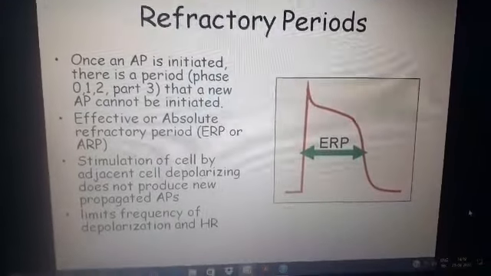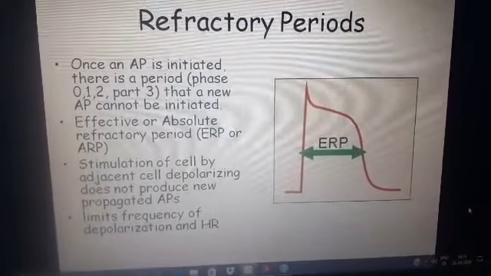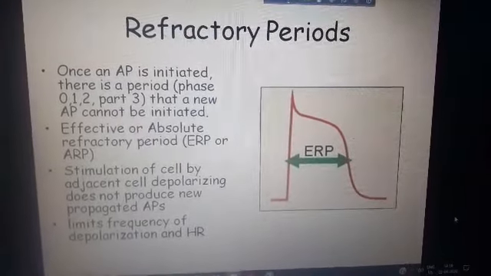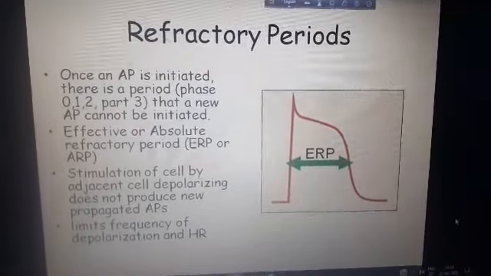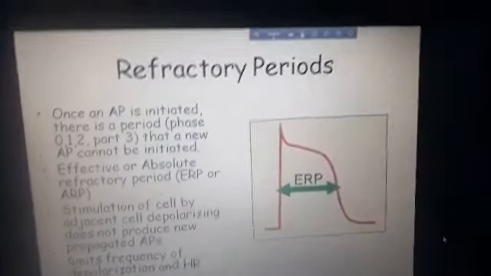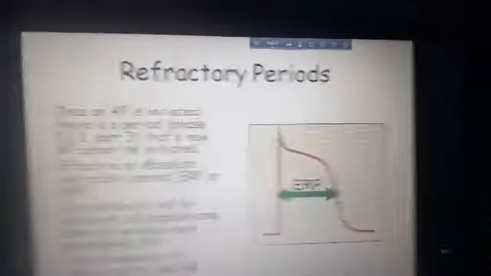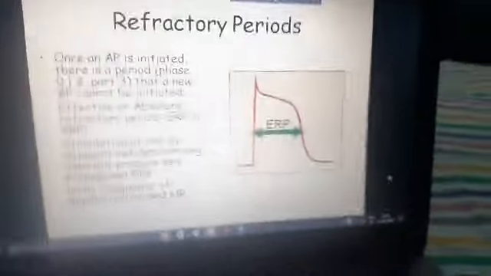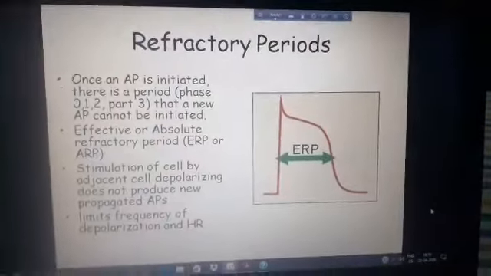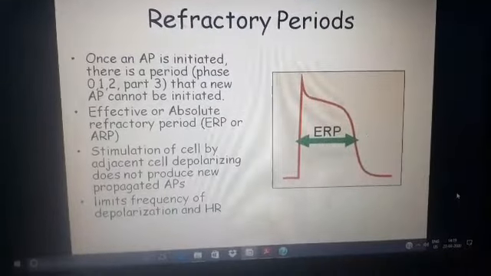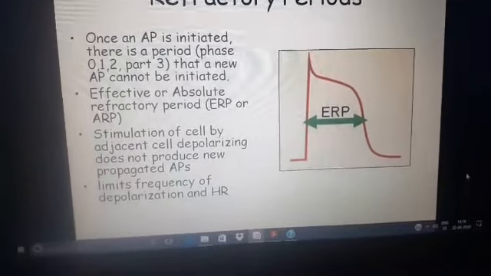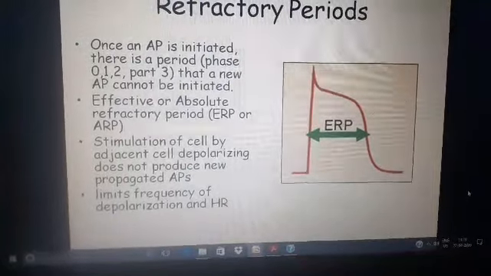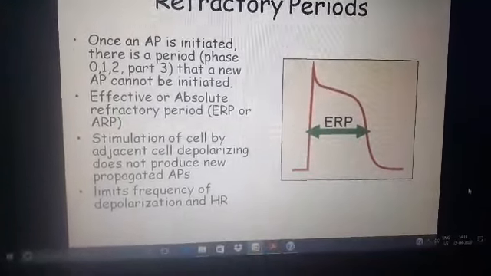And remember the refractory periods. Once an action potential is initiated, there is a period in which a new action potential cannot be initiated. So phase 0, 1, 2, 3. Phase 4 is the excitable time, the time when an action potential can excite the tissue. But before that, during phase 0, 1, 2, 3, a new impulse cannot initiate a new action potential.